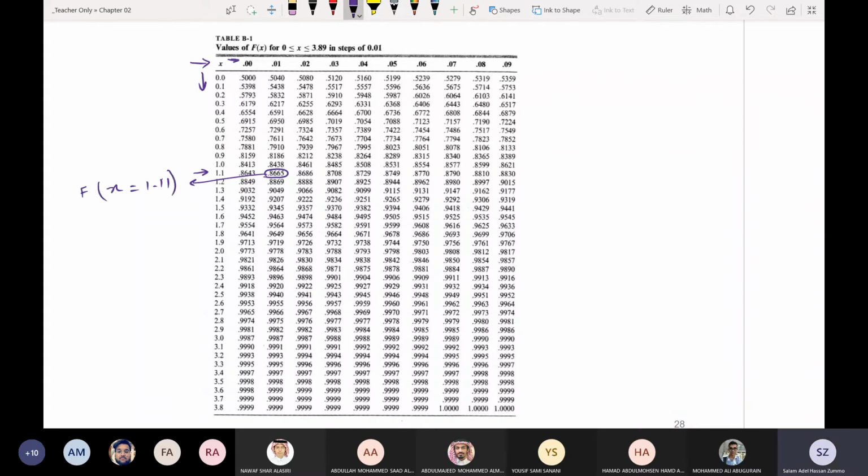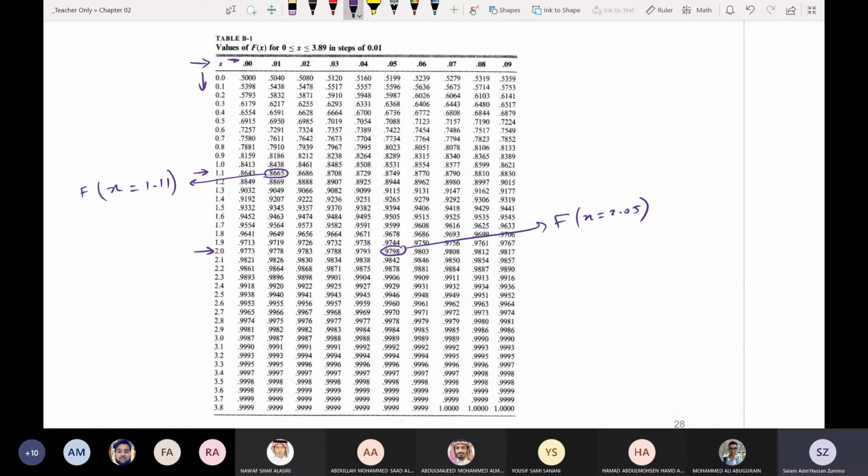If you want to read 2.05, you go to 2.0 and then 0.05. And here you go, this is F of x equal 2.05. This is the way we read it.